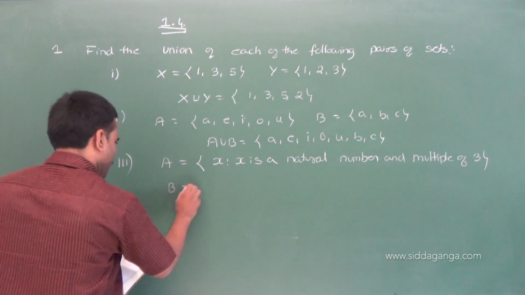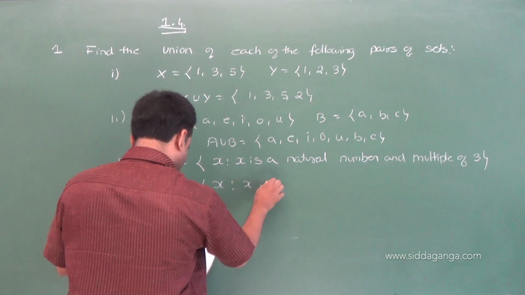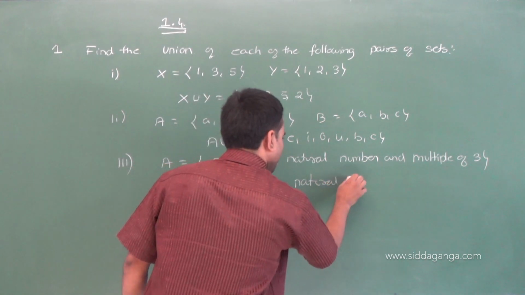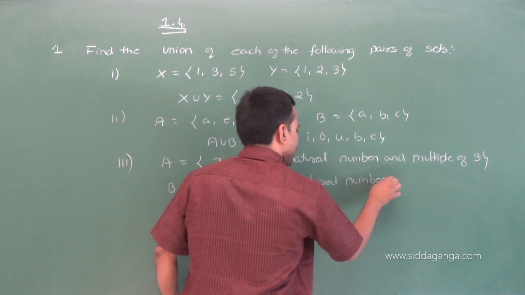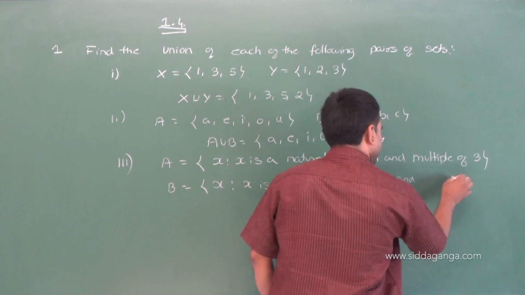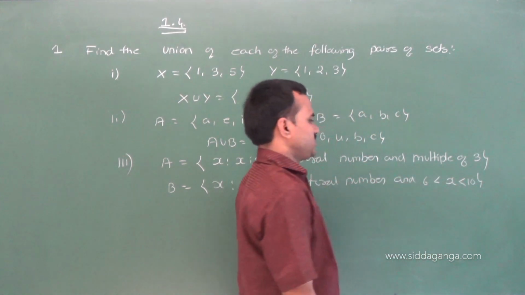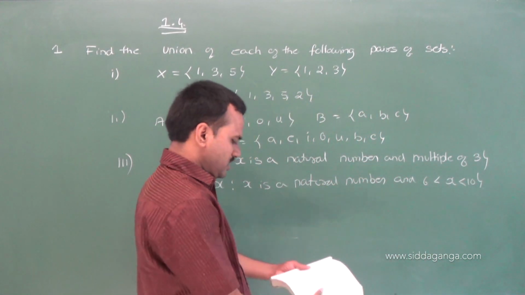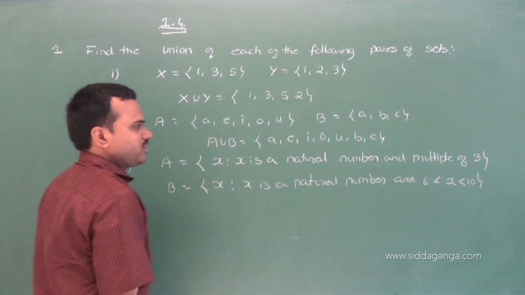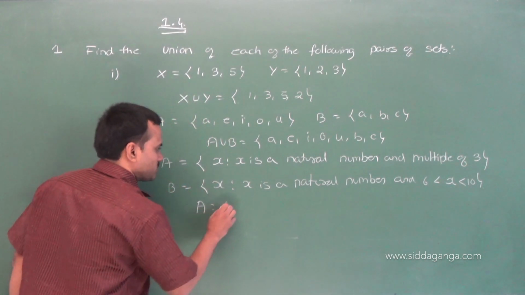B is equal to x such that x is a natural number and x greater than 6 and less than 10. These two are given in set builder form, so we write them in roster form first.